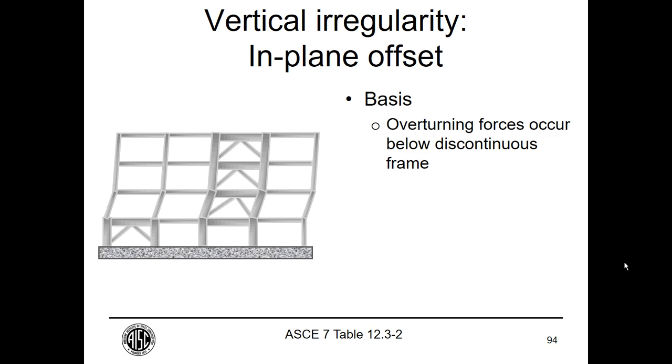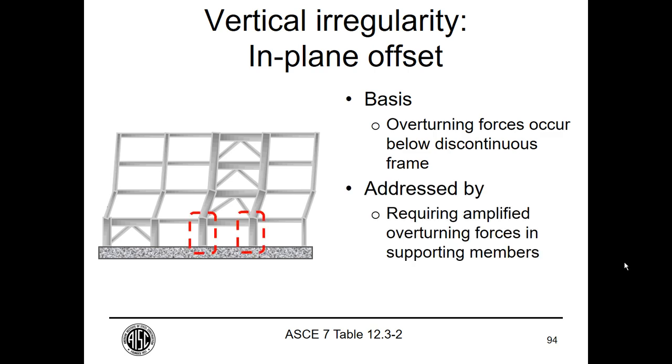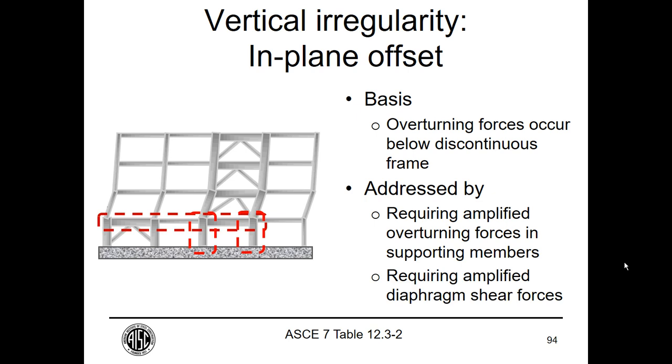In-plane offset is somewhat similar. We require amplified forces for the overturning, which are required for all of our special systems anyway, and we require amplified load for the transfer of that horizontal force to the frame in plane.